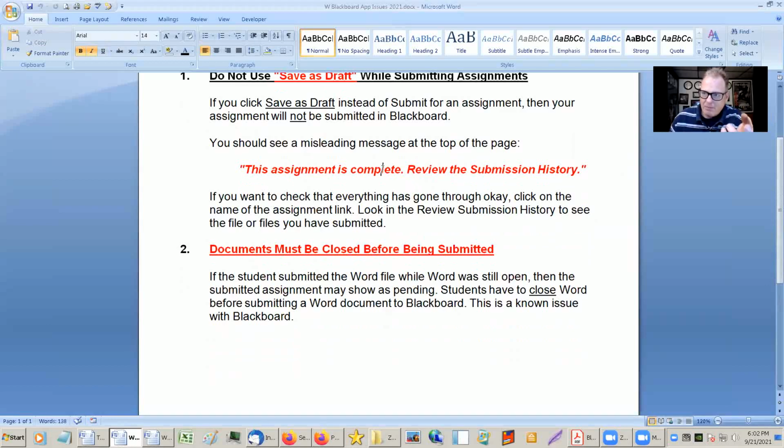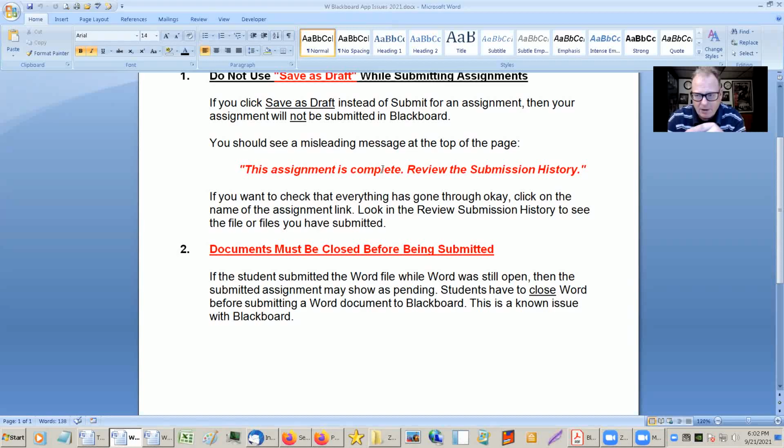The assignment is complete, but it hasn't been submitted. This means that you've got a file there for the assignment. So it's misleading because then you go back in, you think, oh, everything must be fine. Look, it says this assignment is complete. Why is my teacher telling me she doesn't have it? So that's the save as draft problem.